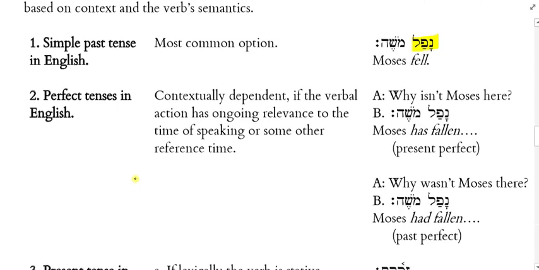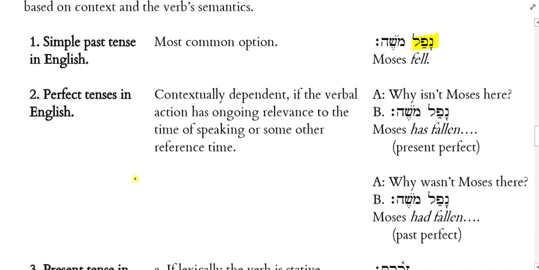What are some of the English perfect tenses? Well, the present perfect. The present perfect is where you have something like X has blanked. John has spanked his child. X has spoken.